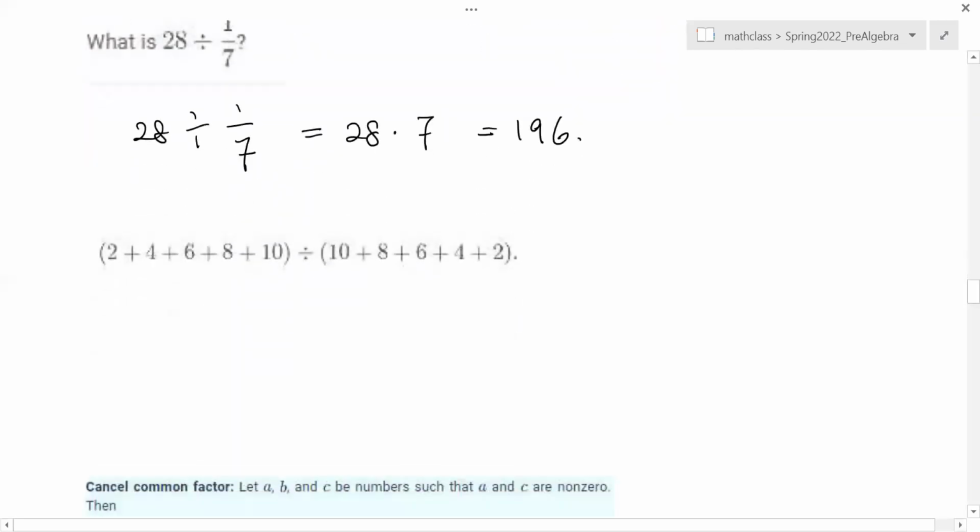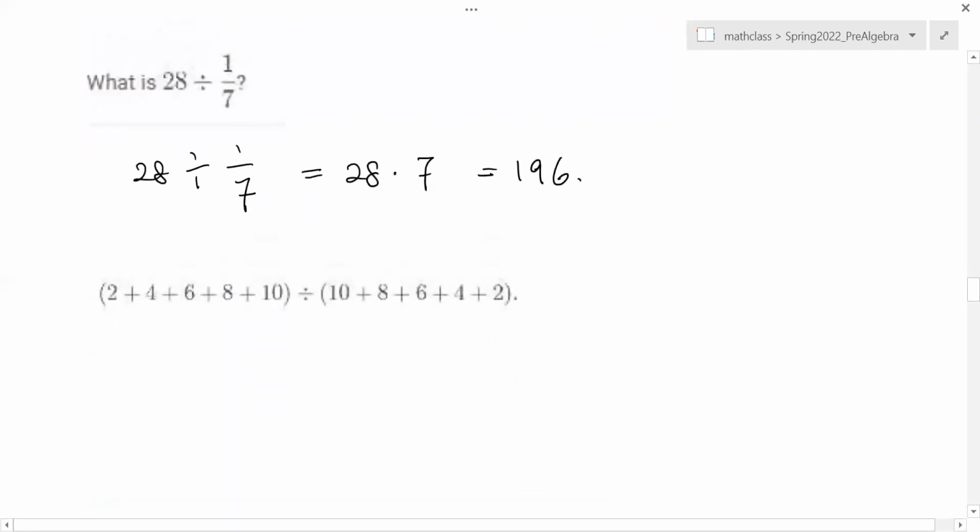All right, now let's take a look at this problem. How do we do that? Let's just look at this problem first.